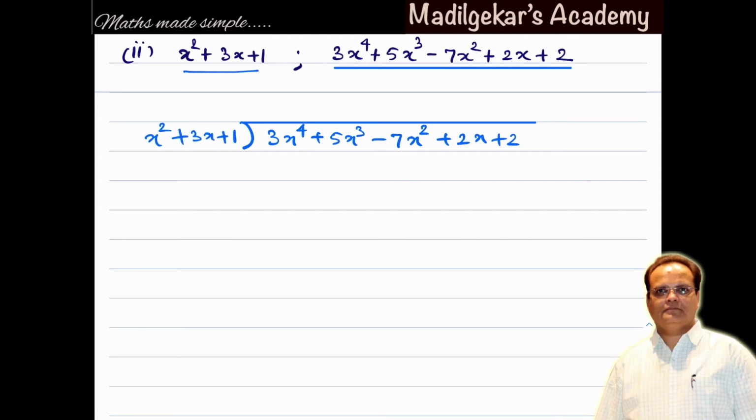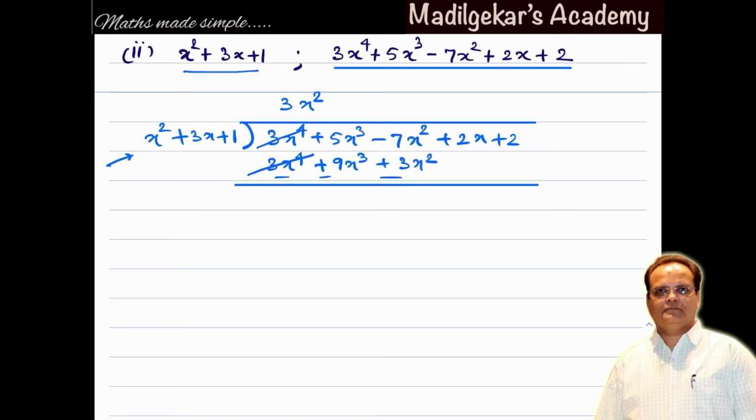Now, by which term will you multiply this x square? By 3x square. So 3x square into x square gives 3x raised to 4 plus 9x cube plus 3x square. Subtracting, 3x raised to 4 gets cancelled. 5 minus 9 is minus 4x cube, minus 10x square plus 2x plus 2.